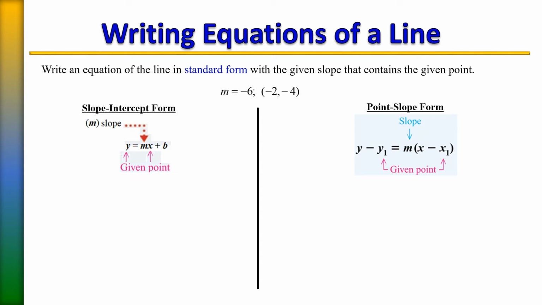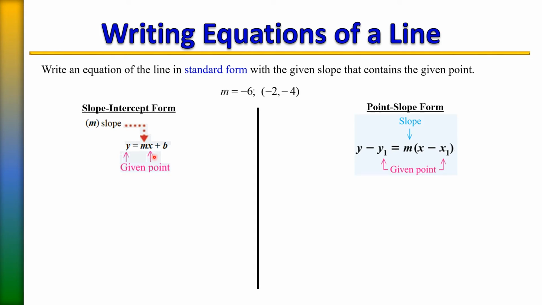Yes, we were given -6 for m, so we replace m with -6. We're going to remove x and replace it with what? Yes, the x value of the ordered pair is -2, so we replace x with -2.